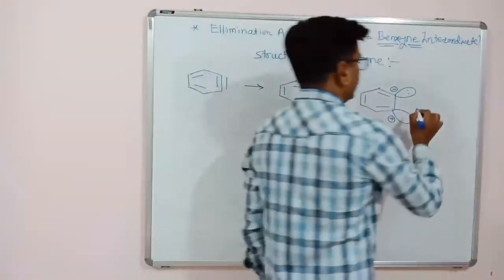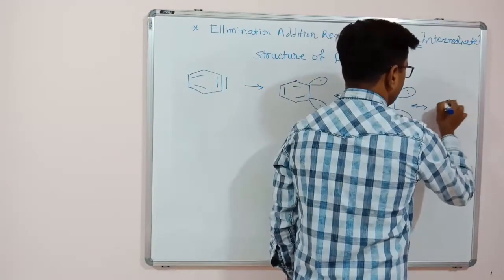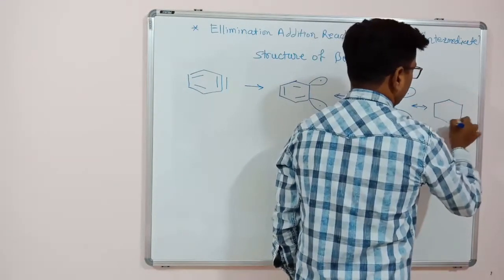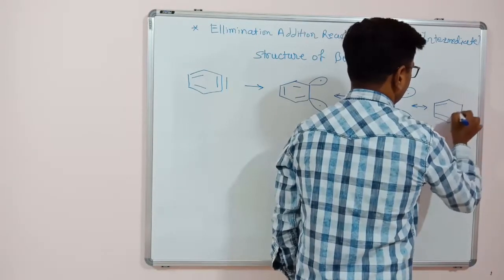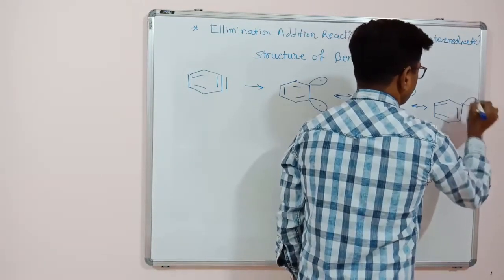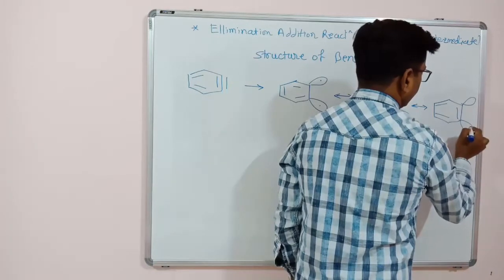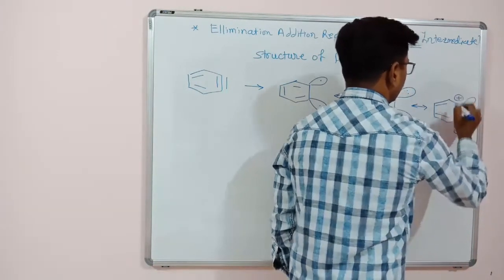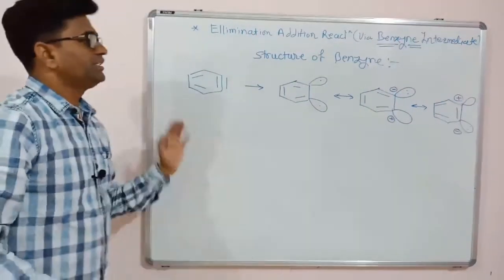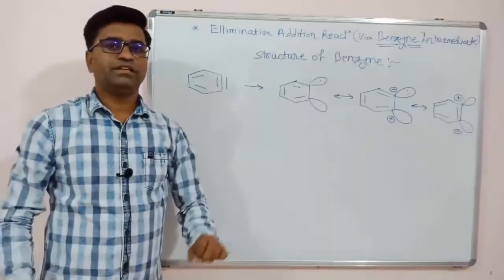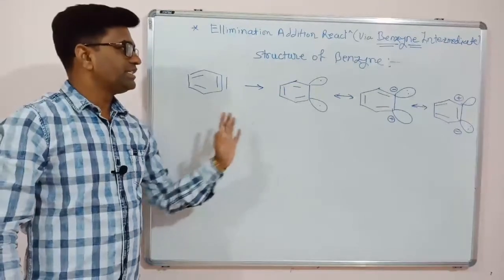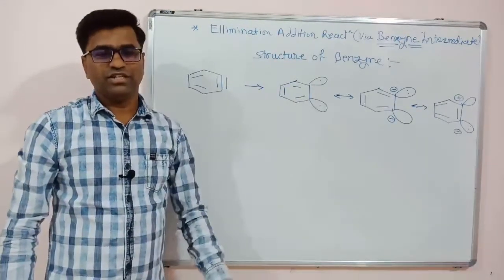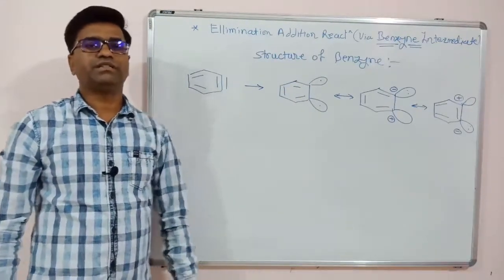In a similar manner, we can write another structure also. Suppose this orbital is empty, this orbital is filled with 2 electrons, so this will be a negative charge, here will be a positive charge. So this is the structure of the benzyne intermediate. These benzyne intermediates are highly unstable. We cannot isolate this benzyne intermediate.